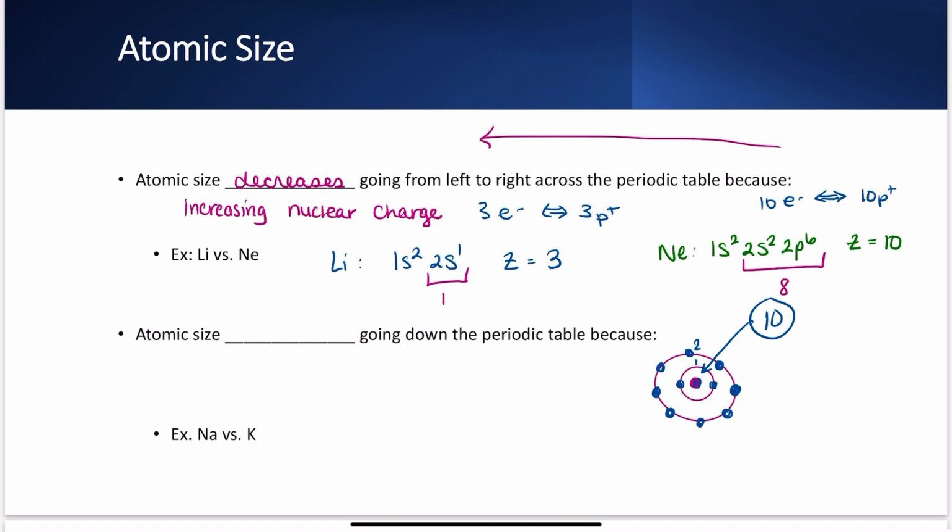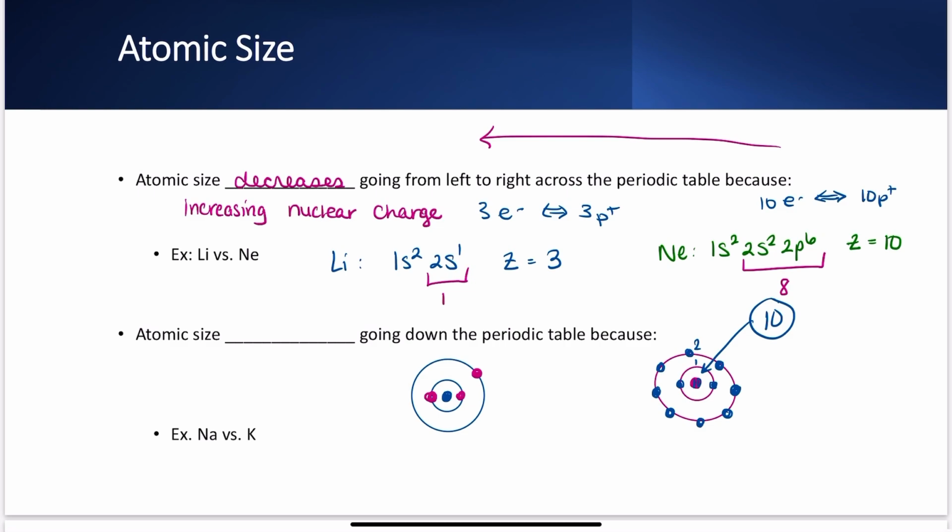But if you think about the relative distance of them, when you've got lithium in the center with its 3 protons pulling on just 3 electrons outside, the 3 protons can't pull as hard on those 3 electrons as 10 protons can on 10 electrons when they're equidistant from the nucleus.